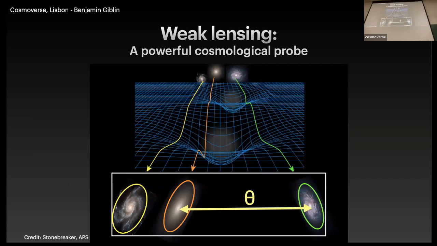Okay, so cosmological weak lensing, also known as cosmic shear. As we all know, this is a probe of cosmological parameters, and it relies on observations of tens of millions of galaxies out to redshifts of typically around 1.2.